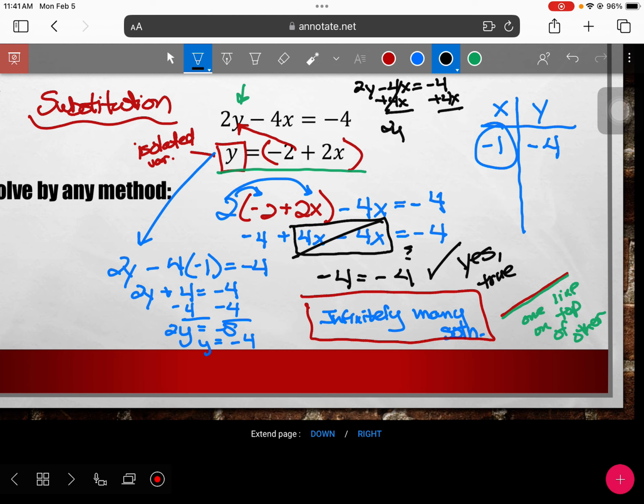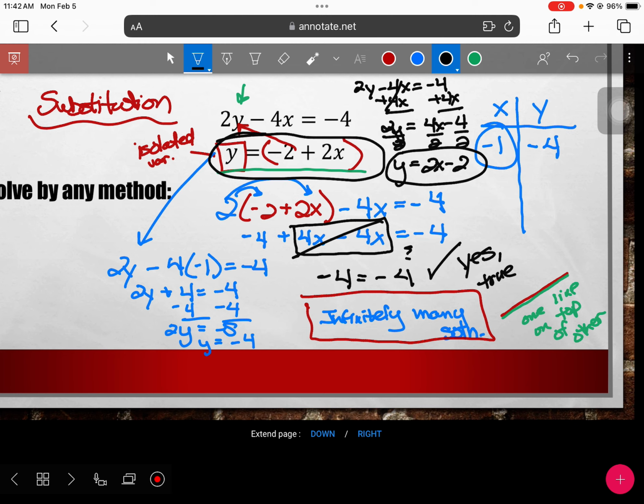Those cancel out. 2y equals 4x minus 4. Divide by 2, and you get y equals 2x minus 2. Exact same equation as what you have here. So that's another way you can tell they're the exact same line. One on top of the other, infinite number of solutions.